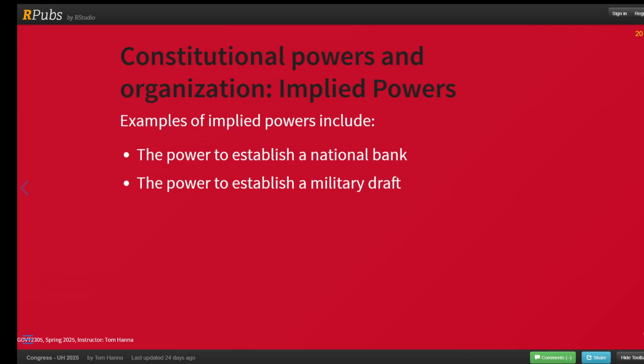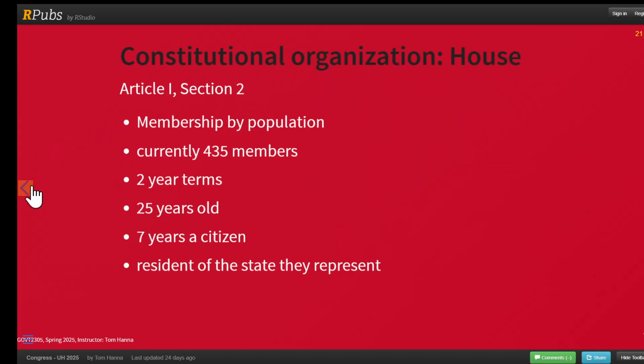Both of them were established standard ways that countries raised armies, and countries that were in serious wars almost always had a draft. So it seemed like a no-brainer, at least, that having a draft is strongly implied by the power to raise armies.